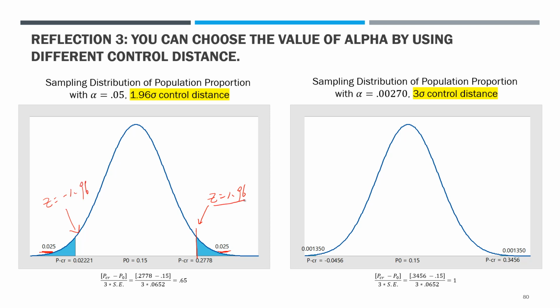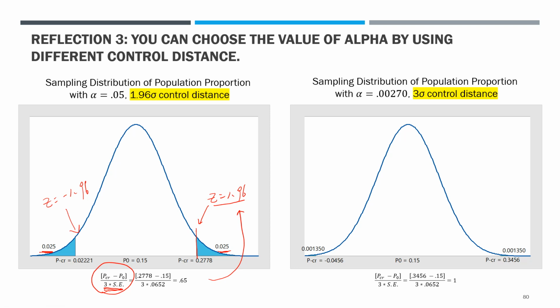So if we follow the capability index approach, you can see that this is not enough for 3 standard deviations. This is only 65% of 3 standard deviations. This is exactly 1.96 standard deviation. This is almost 2 standard deviations.